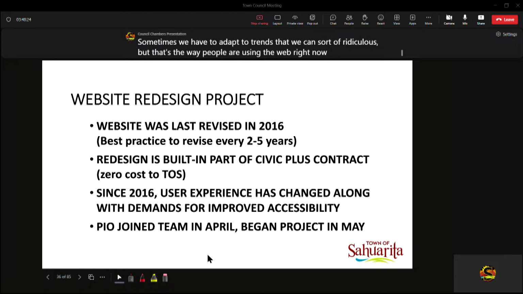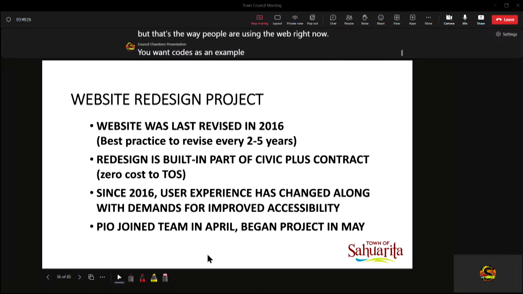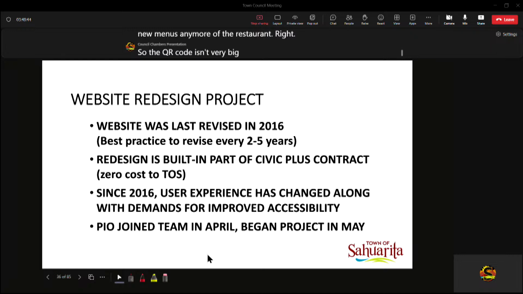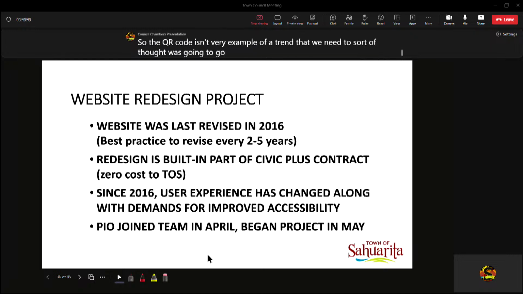QR codes, as an example, were a flash in the pan. Nobody paid attention to them. Now with the pandemic, people wanted to go paperless as much as possible. Now you're ordering on your phone. People don't even provide you menus anymore at a restaurant, right? So the reemergence of the QR code is a great example of a trend that we sort of thought was going to go away ended up coming back in a big way.